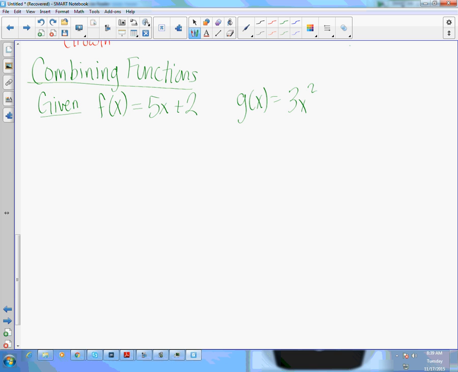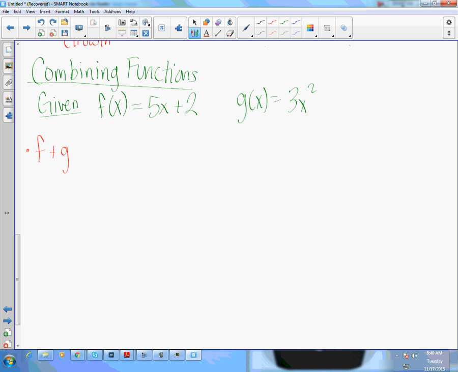Okay, f of x is what type of function? X to the first power. Linear, it's like a line. G of x squared is what type of function? It's not exponential. Exponential is with x in the exponent. This is a quadratic. So all we're going to do is perform different operations on them.